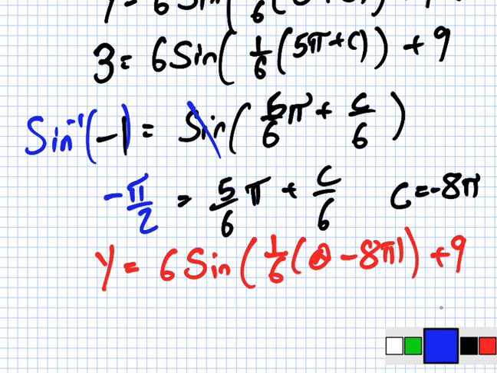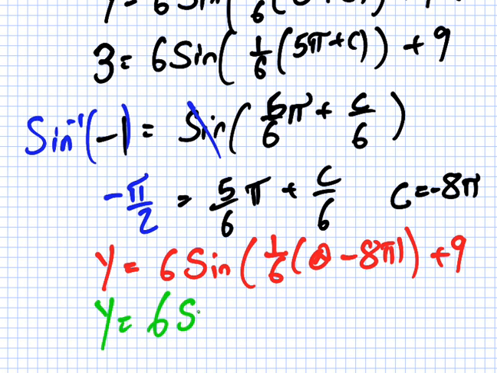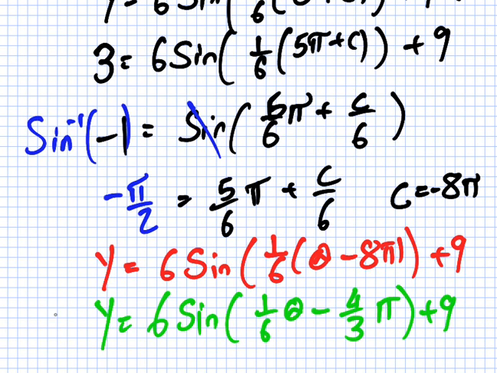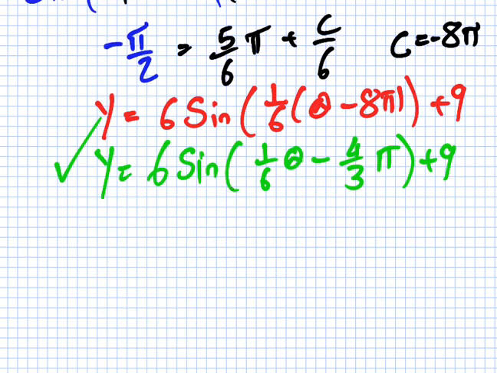They wanted the form A sine B theta plus C plus D. Well, I can easily get it into that form by just expanding inside here. y equals 6 sine of 1 over 6 theta minus 8 over 6, which is 4 over 3 pi, plus 9. So that's the answer there. That's the A, that's the B, that's the C, and that's the D.